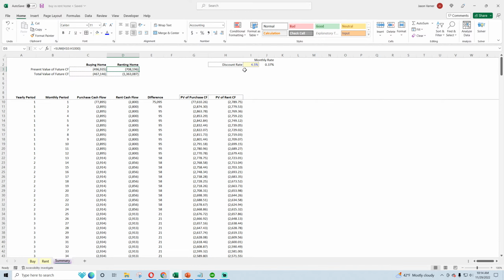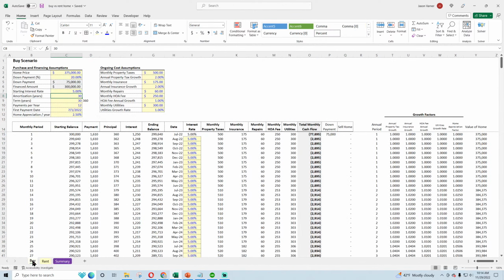Okay, so now the only hope that renting has is, let's say this difference amount here, whatever it might be, and you can see it actually changes over time depending on the growth of rent versus the growth of your home expenses. And one reason why you see this happening is because when you buy a home, the principal and interest payments are the same if you have a fixed rate mortgage.